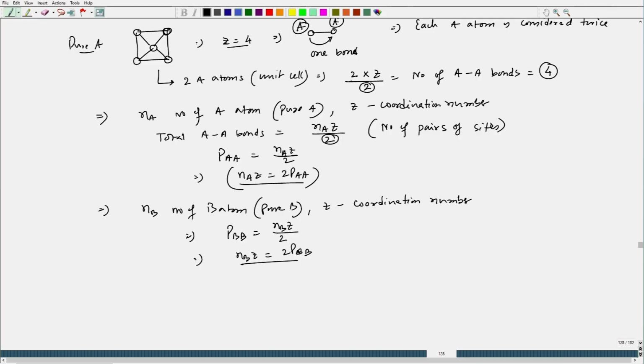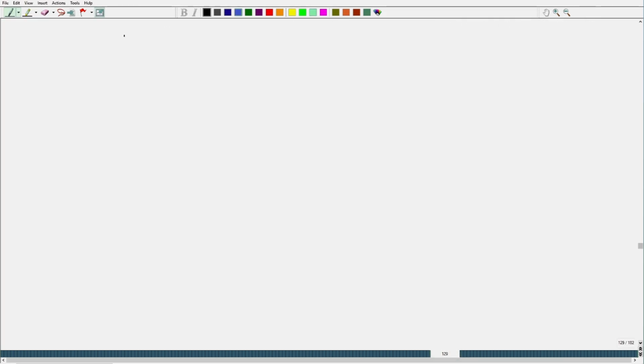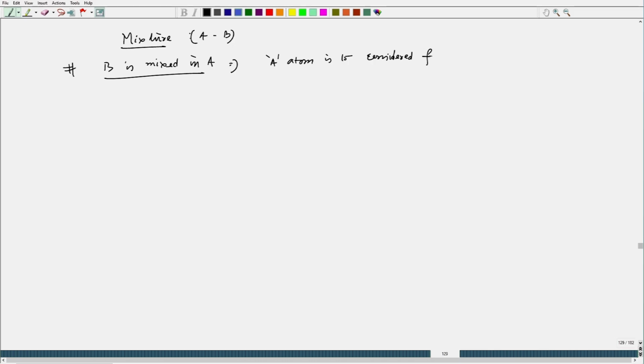Now, we have to talk about the solution, a mixture. So, in the mixture of A and B, if I talk about B being mixed, let us say this is the case. Now, the total number, if I take an A atom as reference, the A atom is to be considered for bond calculation.